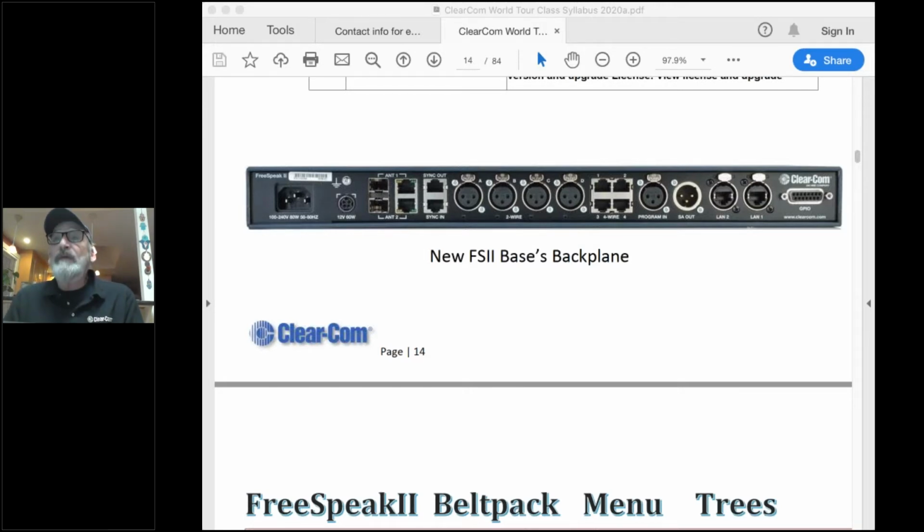If I set C and D to be RTS, now both C and D will be mirrored as the same. What that means is pin 2 and 3 on an XLR 3 pin for RTS carry the two channels of 2-wire audio. In the Clearcom world, pin 3 carries the plus for the 2-wire audio.